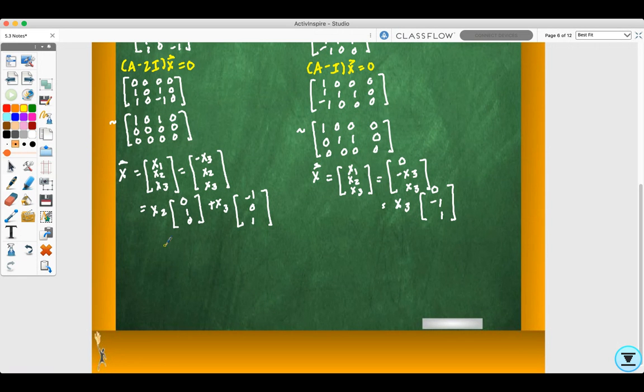So then step 3 is construct P from the vectors in step 2. So P, I'm going to call V1, V2, V3.